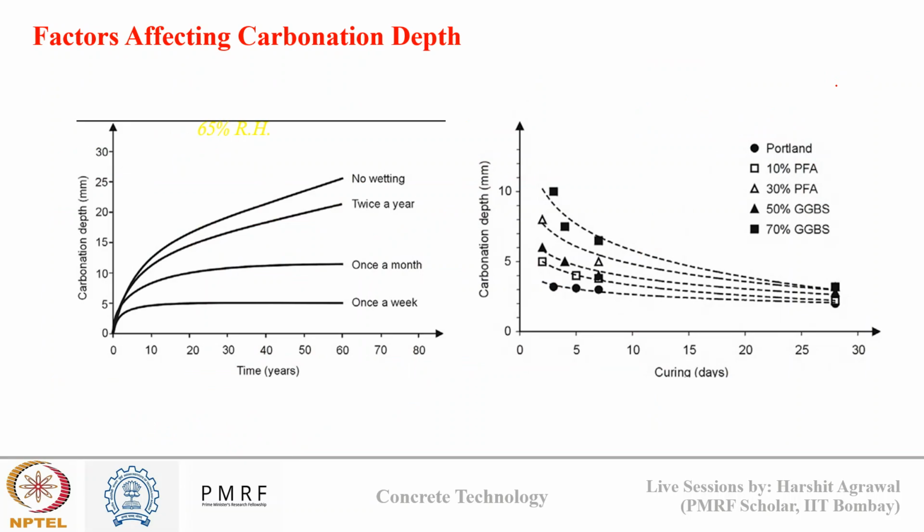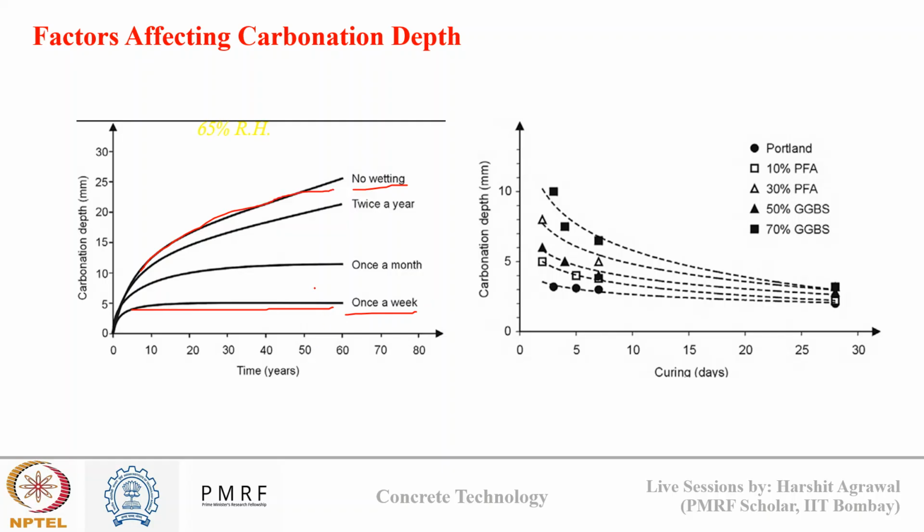Other factors that can affect the carbonation rate are wetting and drying cycles and mineral admixture addition. In the first figure, we can see the wetting-drying effect. The more frequent the wetting and drying, the lower the rate of carbonation. If I am doing wetting and drying once a week, then the rate of carbonation will be very low, and if I am doing no wetting, then the rate of carbonation will be very high.